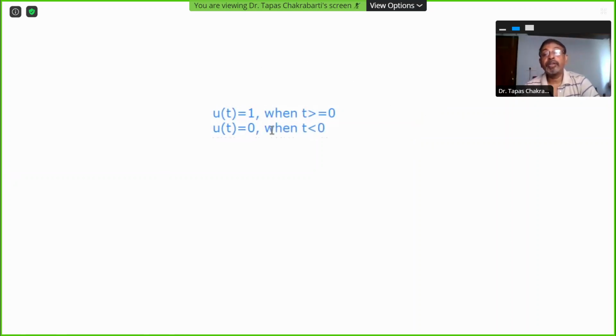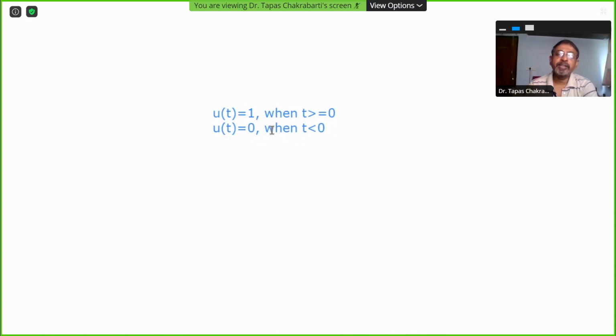So this is your unit step function. In the unit step function, u(t) is equal to 1 when t is greater than or equal to 0. All the time the amplitude is 1.